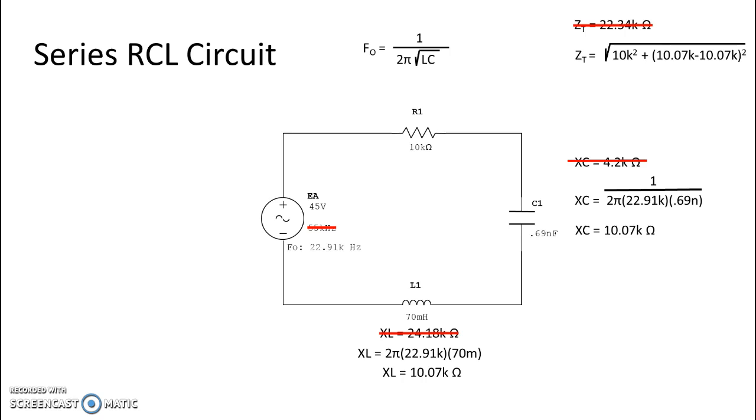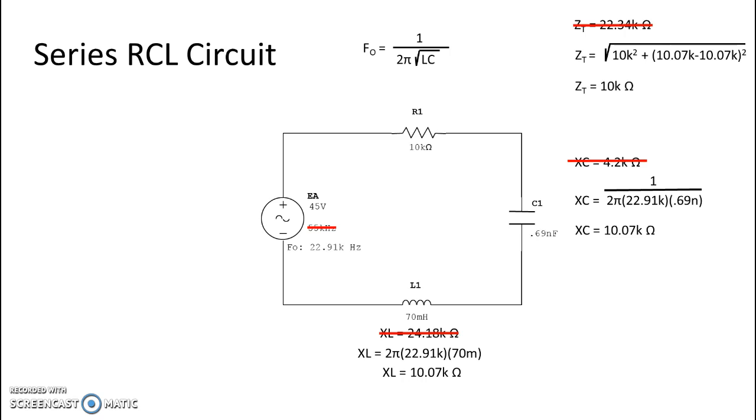And 0 squared, square rooted, it's still 0. So in actuality, the entire formula exists with just the 10k from our resistance. Now if you square and then square root 10k, you get 10k. So there's actually no point in even doing the formula. Impedance is resistance in a resonant circuit.